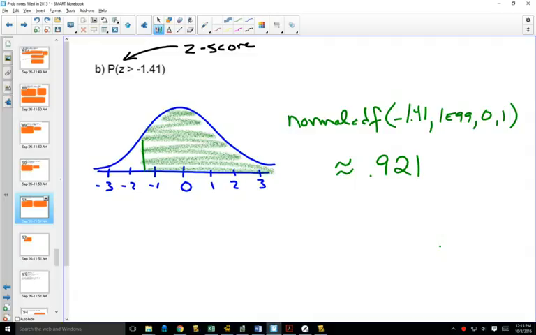So a -1.41 means you're exactly 1.41 standard deviations below what the average was. And this notation here is telling us we want to find the probability that your Z-score is bigger than negative 1.41. And so as far as shading it, the area of the shaded part is that probability. And the normal CDF calculates that for us.